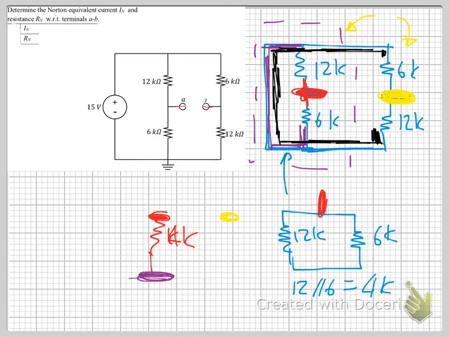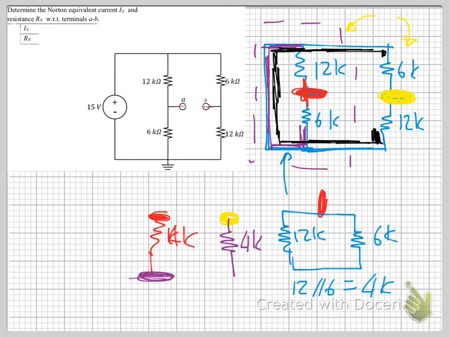So we have our yellow node there, right? And then we have our other 6 and 12 in parallel. 6 and 12 in parallel makes a 4K, right?